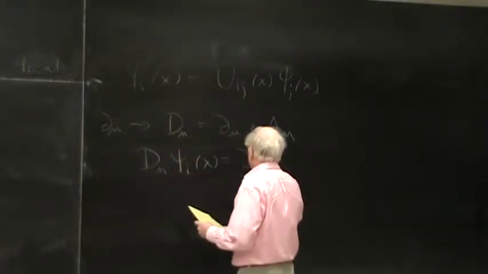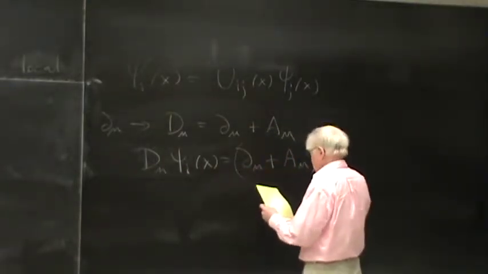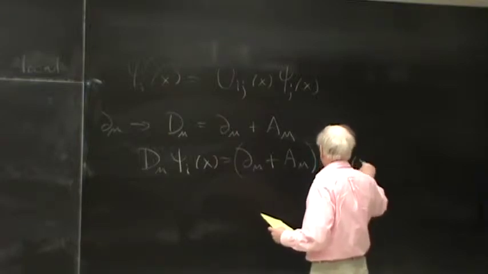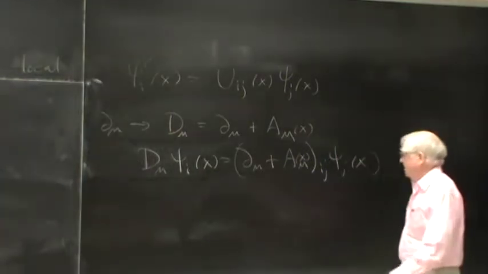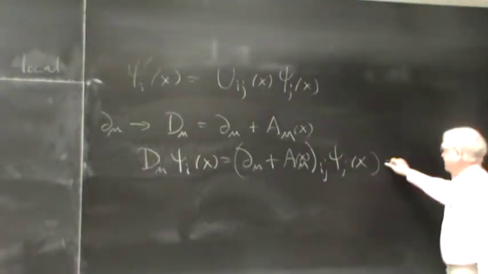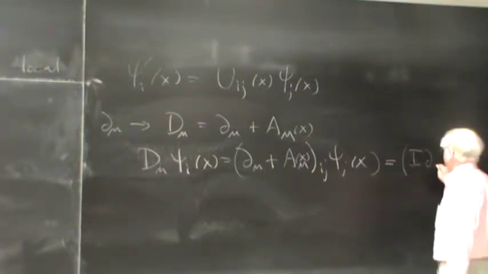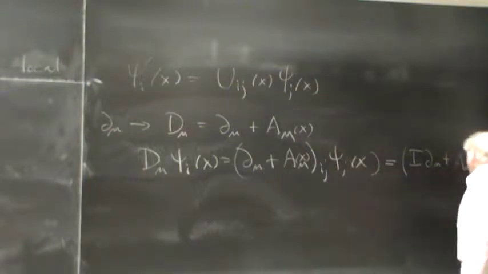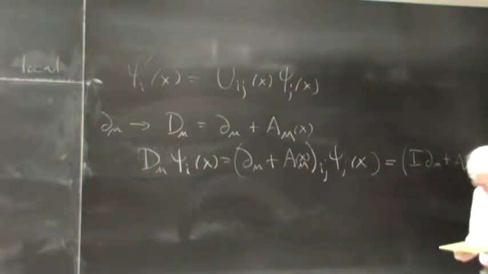This is a derivative plus A mu ij psi j of x, and of course A mu in general depends upon x. And to make this even more explicit, it's the identity matrix times d mu plus A mu, which is a matrix, ij psi j of x.